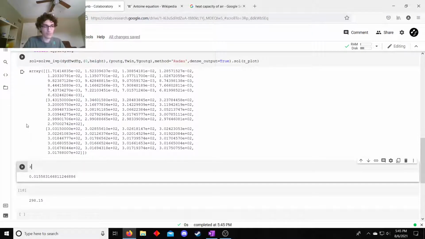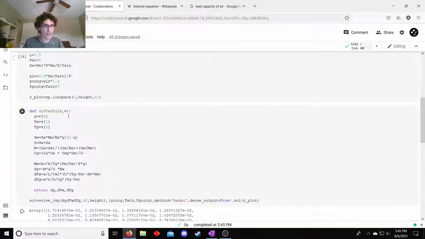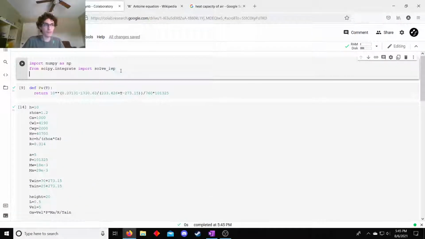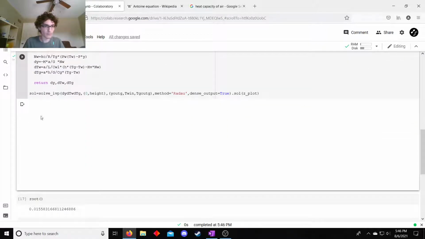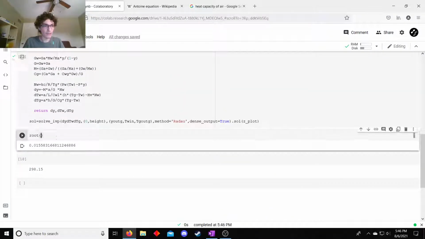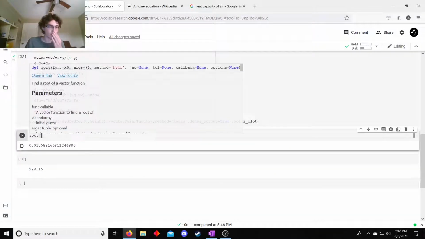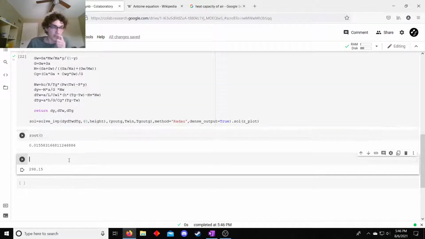I'm going to import from scipy.optimize, import root, run that. Root is going to take in a vector function to find the root of, and our initial guesses.